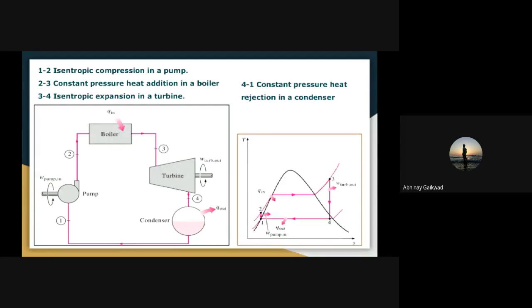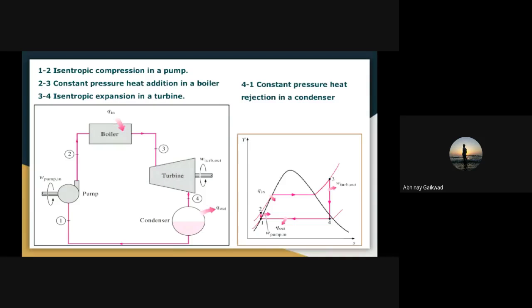The pressure and temperature of the steam drop during this process. Temperature and pressure drop during process 3 to 4, the isentropic expansion. You can see in the diagram a vertical line in the downward direction, which means temperature and pressure drop during this process.